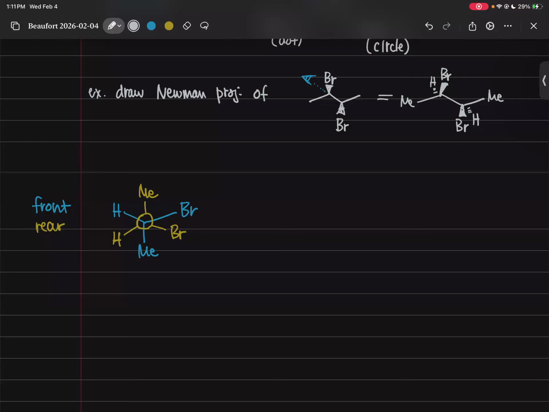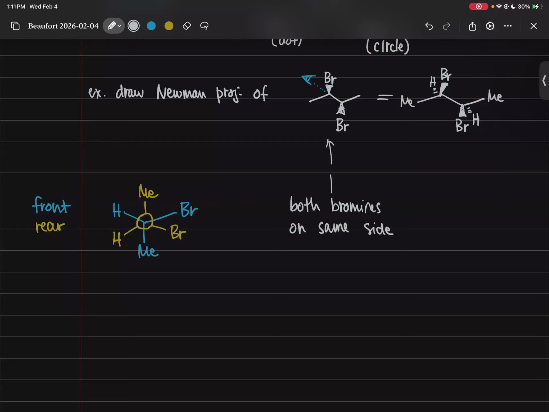So something else we should note here, and this is a way to check your work, is on the skeletal structure, both of the bromines are on the same side of the molecule. They're both coming toward us. And guess what? Look at the Newman projection.